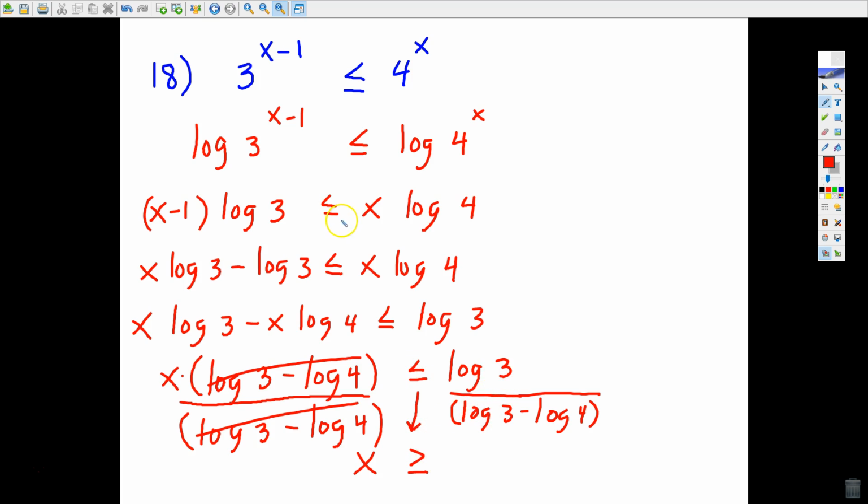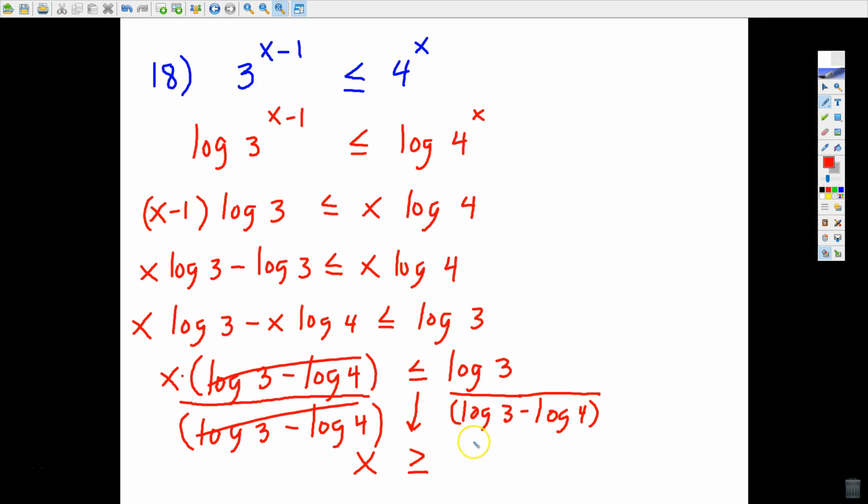And now let's turn over to our calculator and do log 3 divided by, and then the denominator I'm going to put in parentheses, so I'm going to do left parenthesis, then hit the log button, 3, and then close those parentheses, minus log again, and 4, and I'm actually going to do right parenthesis twice, once for the 4, and then another time to finish closing in the entire denominator.